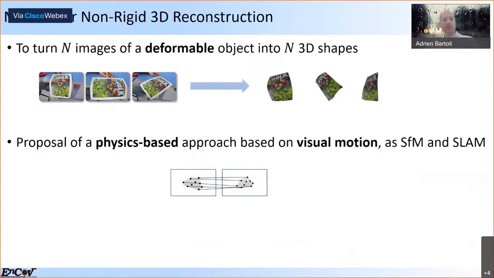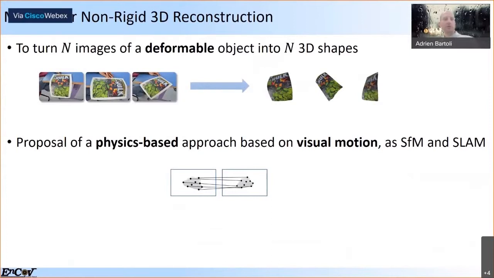I'm going to discuss the case where what we observe is not something rigid, something that doesn't change. It is something that evolves through time. A very simple example, which I'm showing here, is a piece of paper which is deformed, and we take several images of this piece of paper. So the shape is never the same through the images. Rather than searching for one shape as in structure from motion, we here search for several shapes, one shape per image, and we have to recover all these shapes.